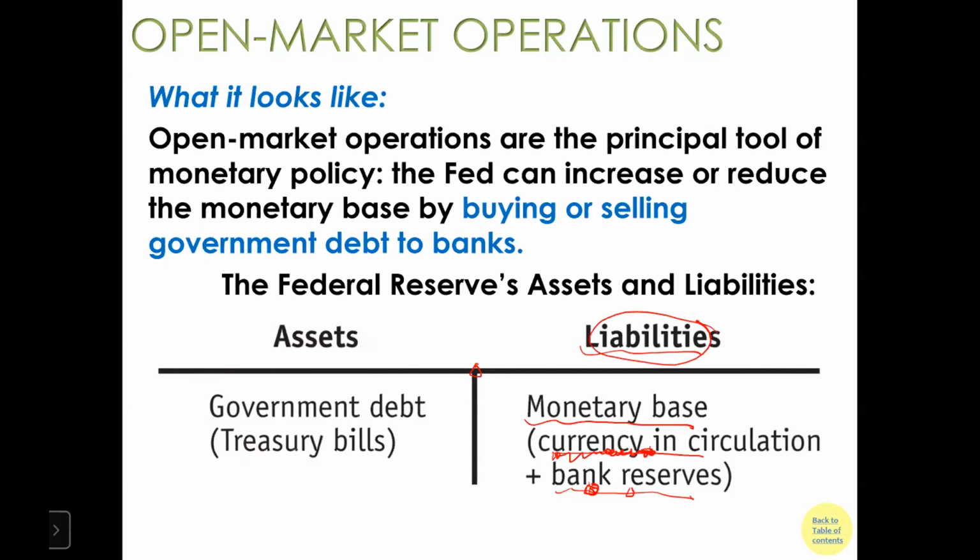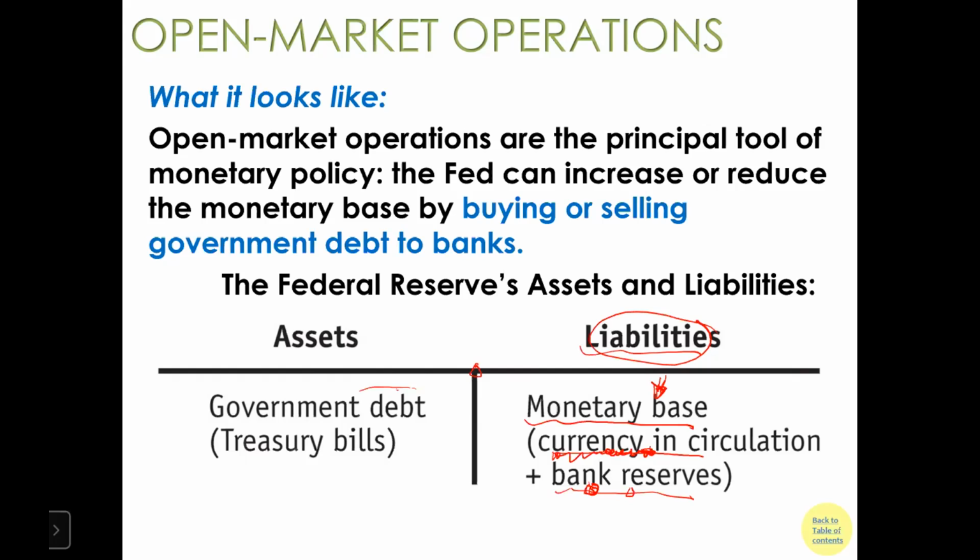Now, with those resources they attract from individuals and from commercial banks, the central bank can invest. What they invest in, usually, is treasury bills, which is government debt. Right?